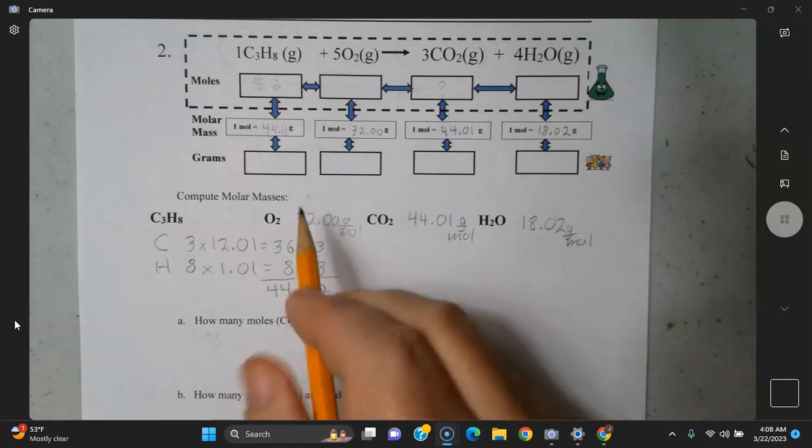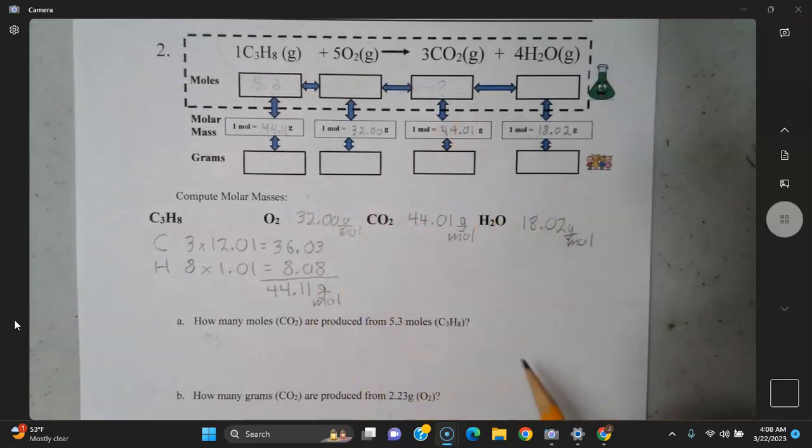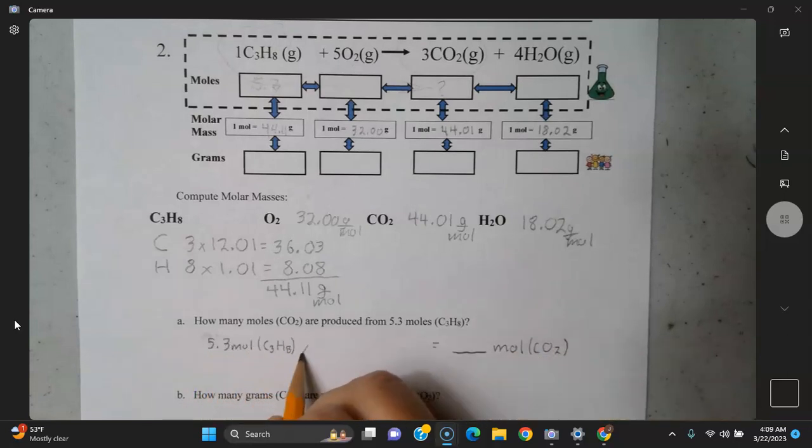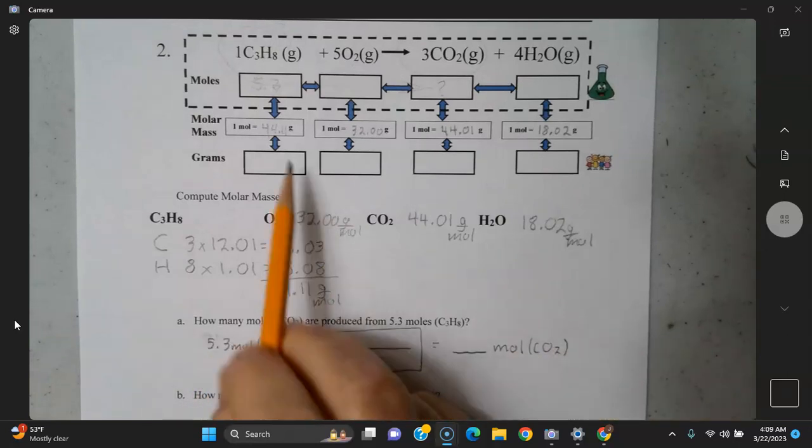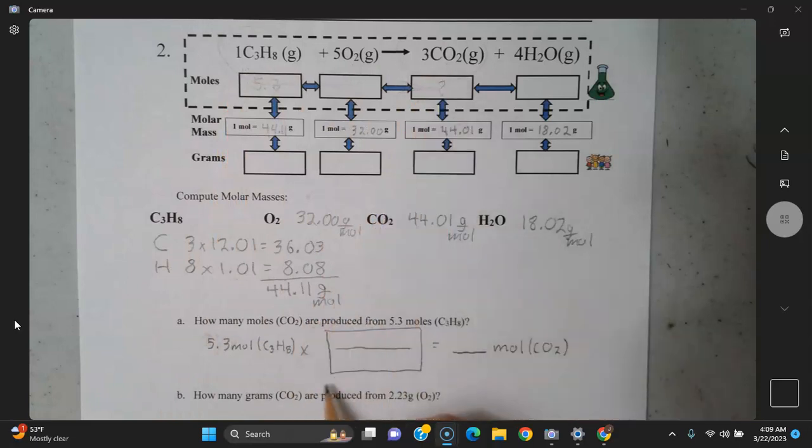So let's go ahead first and write out our equation. We're looking for moles of CO2, so it's way over here. One conversion. Okay, so here it is. This equals this. 1 mole C3H8 equals 3 moles CO2.